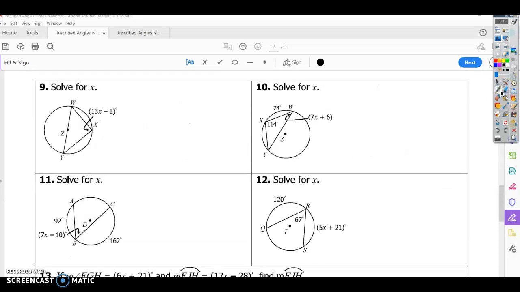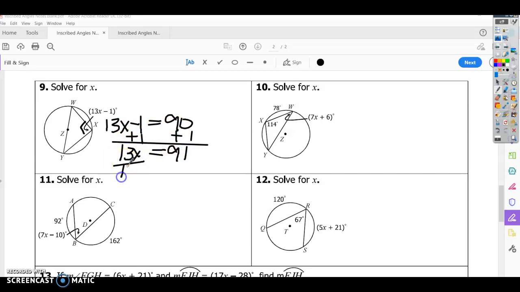All right, number 9 also says solve for x. When we look at this, we have a diameter, and we have this angle intercepting the diameter. So we know that this is 90 degrees. And so we can say 13x minus 1 equals 90, and we can solve for x. So add 1 to both sides, so we've got 91 equals 13x.